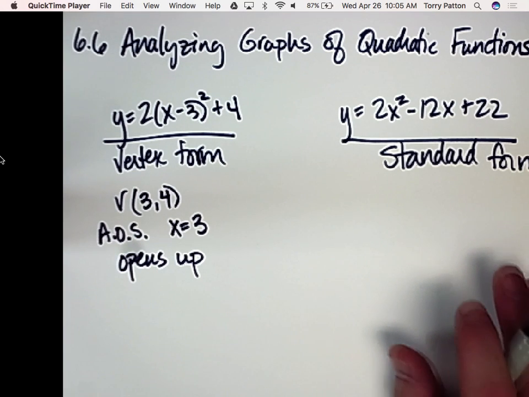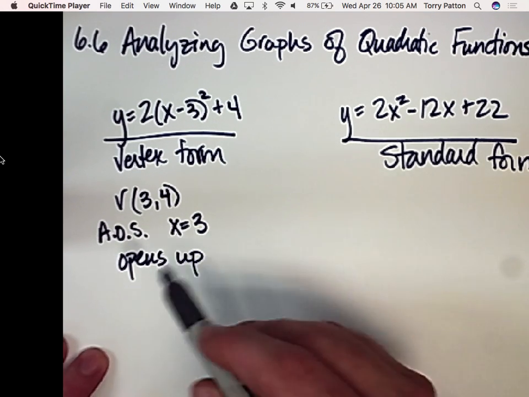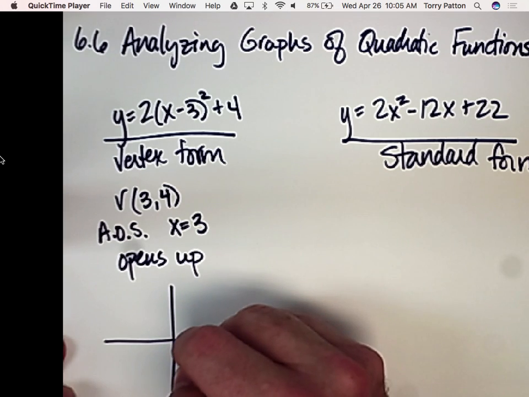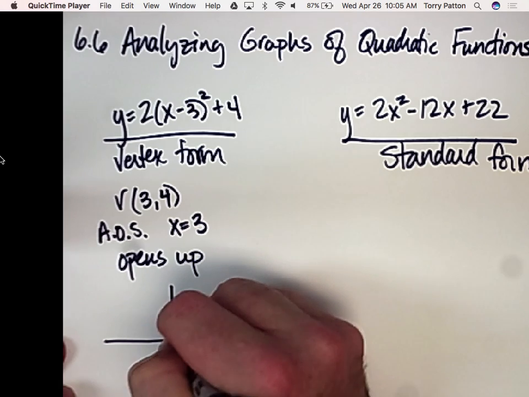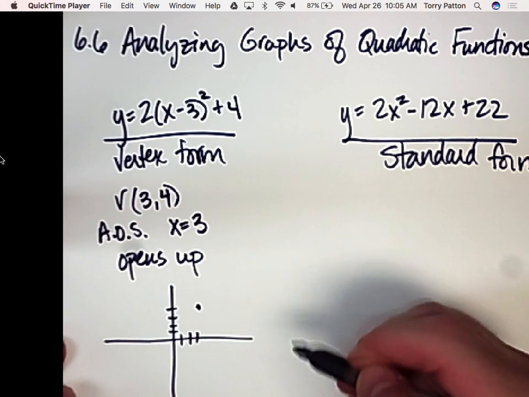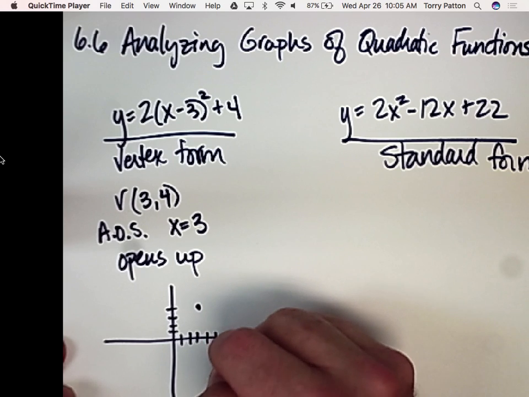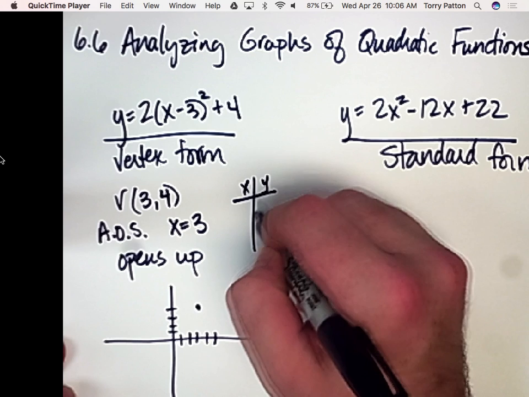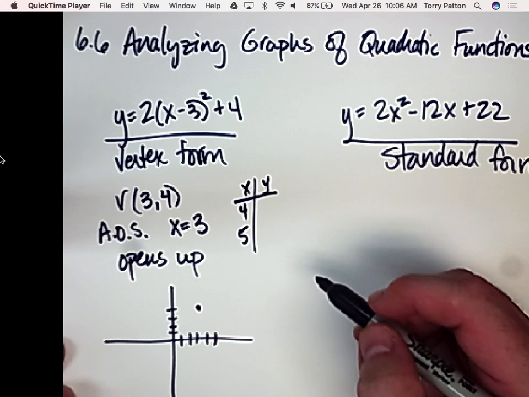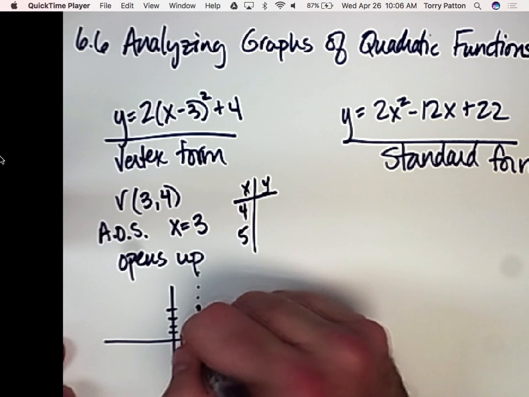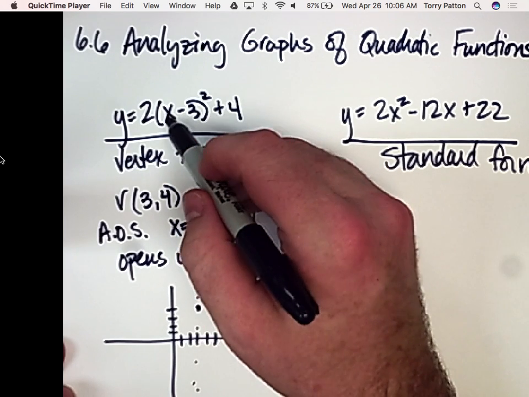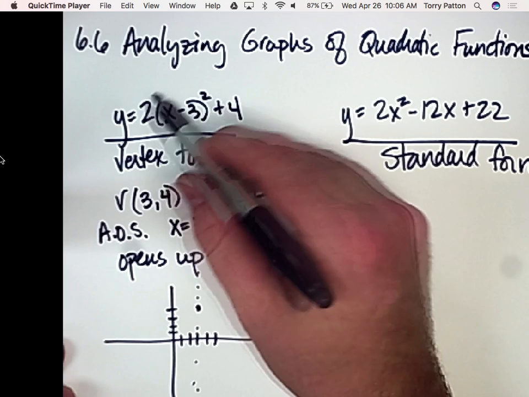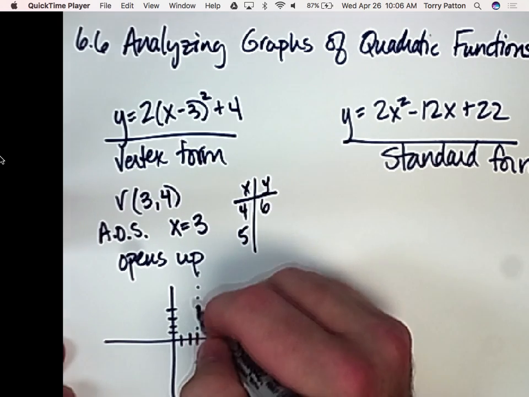So what I would do, if you were asked to graph this, is go to 3, 4, and then do 2 points to the right. So do a T-chart at 4 and at 5, because you know it's symmetric here. At 4, you've got 4 minus 3, 1. 1 squared is 1, times 2 is 2, plus 4 is 6.